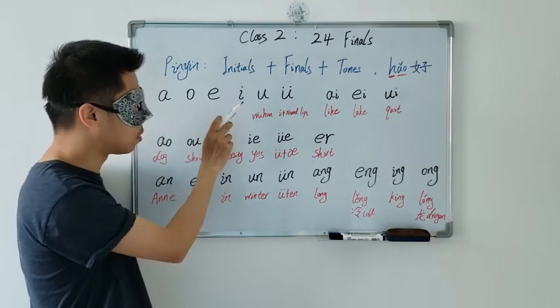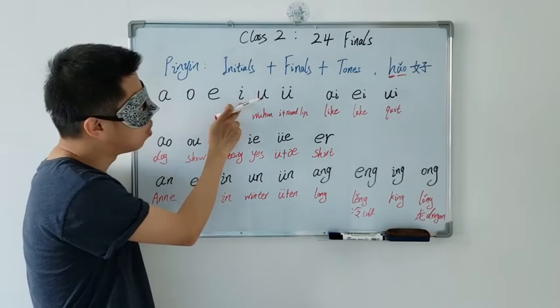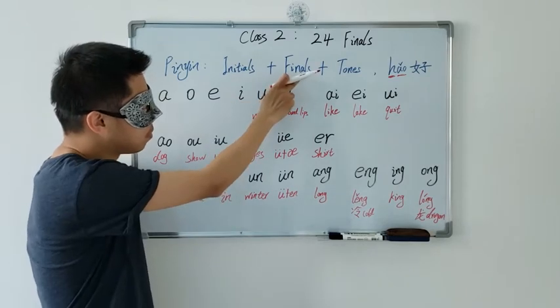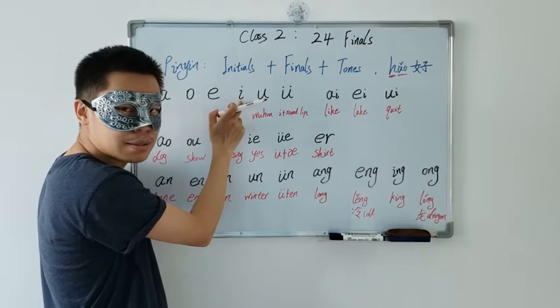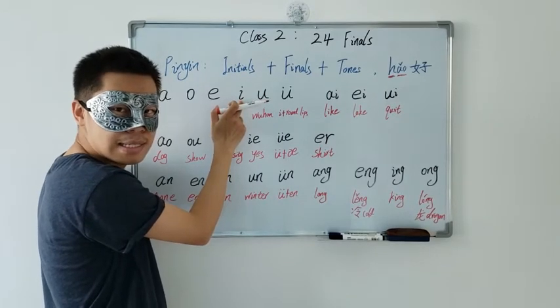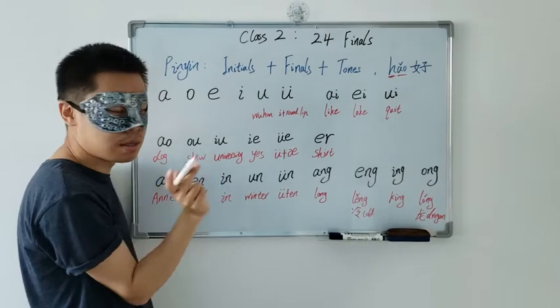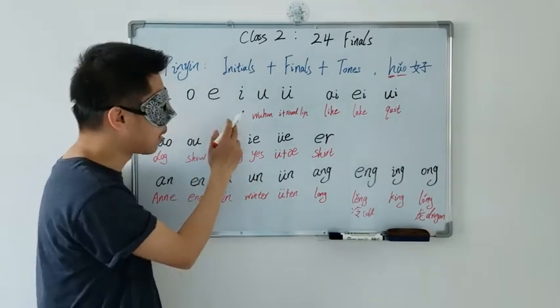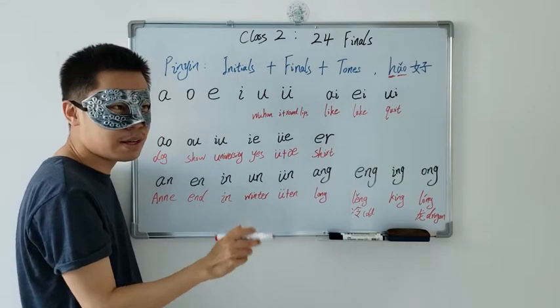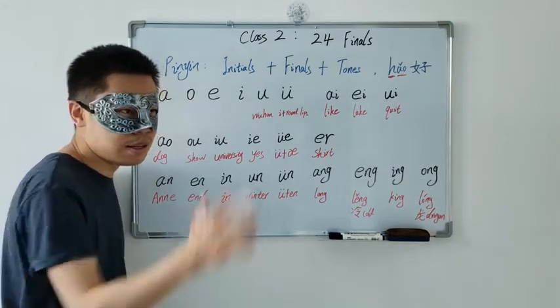This is the fourth letter of the pinyin finals. Its pronunciation is e. We have learned it in the previous class. It's like leave. Leaving, I'm leaving the leaves from the tree.